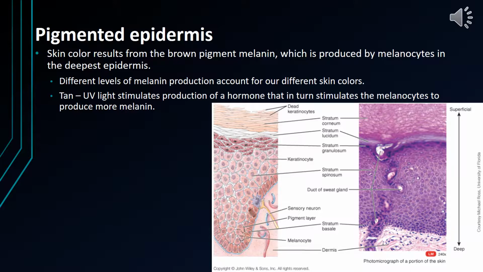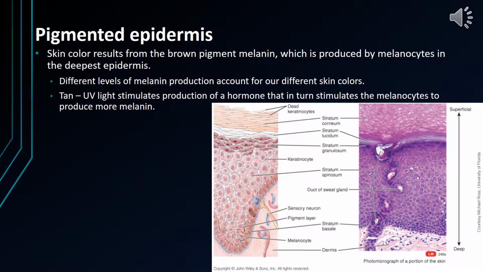So obviously, people with melanocytes that produce a relatively large amount of melanin are going to have darker skin compared to people who have melanocytes which produce low amounts of melanin, who are going to have light colored skin.